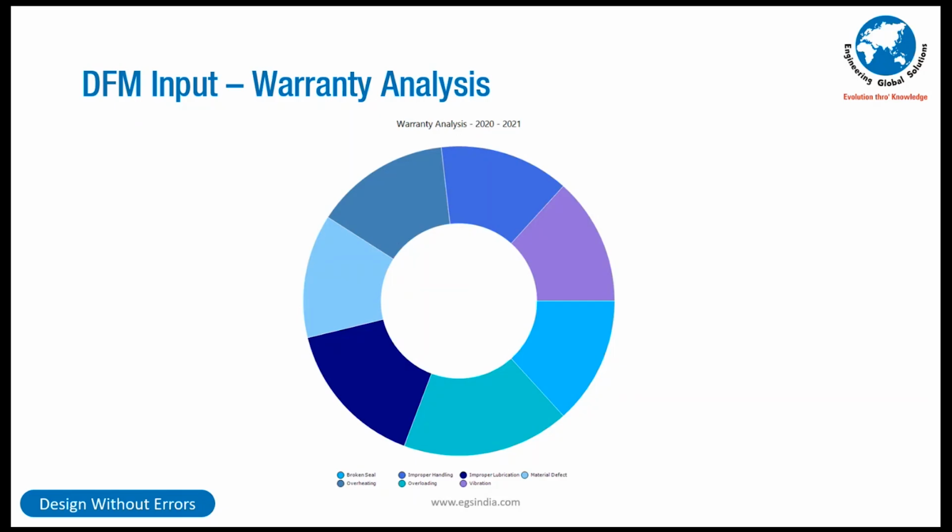So when you look at all these things, you look at the broken seal, the improper handling, the improper lubrication, material defect, overheating, overloading, vibration, and all those things. Some of them may be related to design, some of them may be related to the manufacturing process, the inspection process, or some of them may be related to the customer usage. Or it could be a combinatorial effect of all of these put together.